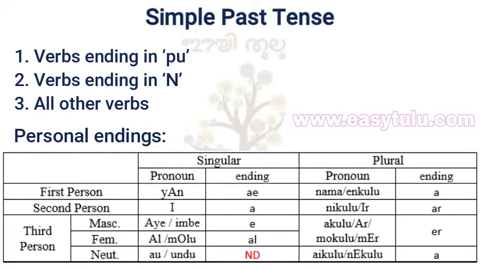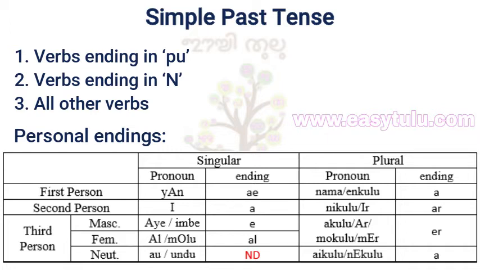Second person singular e, personal ending is a. Third person masculine singular a or imbe, personal ending is a. Third person feminine singular al or molu, personal ending is al.